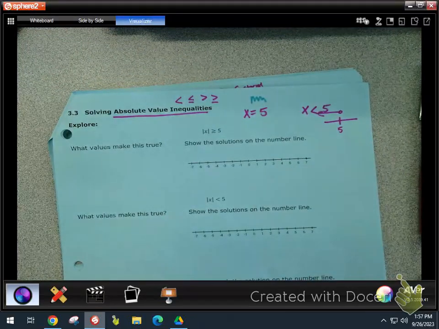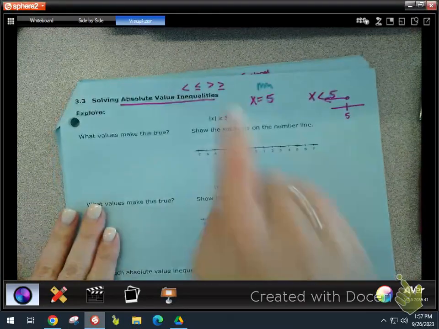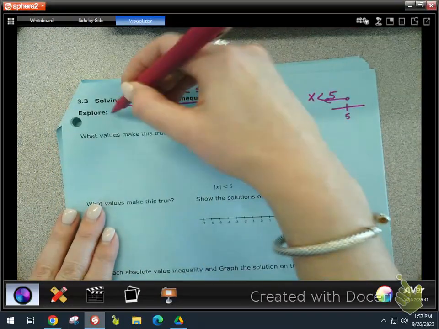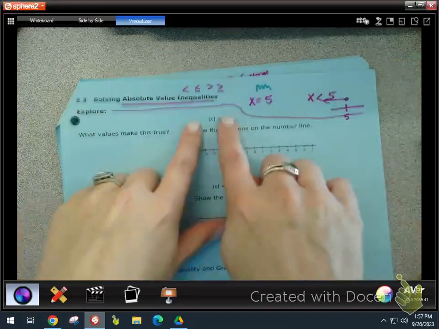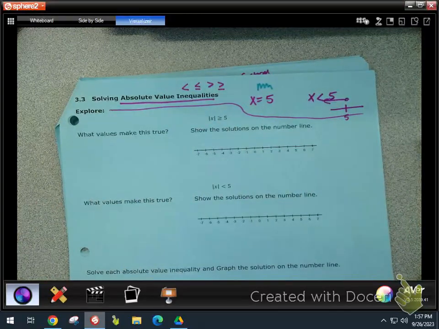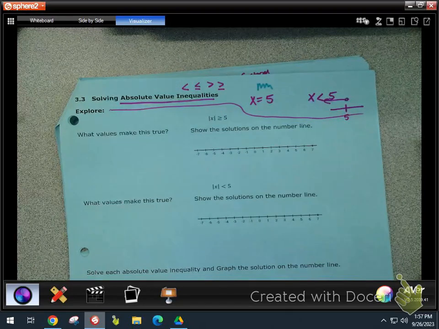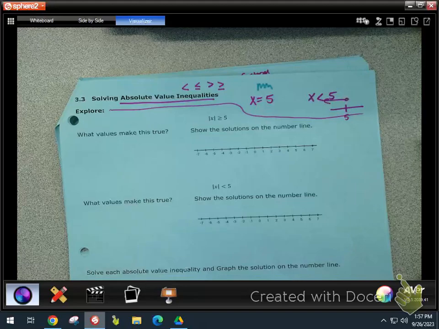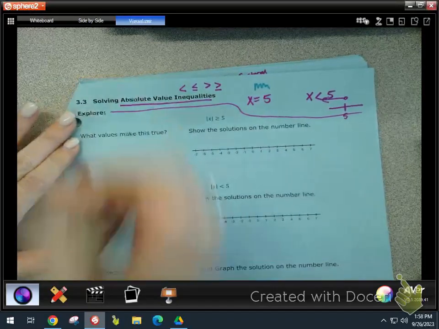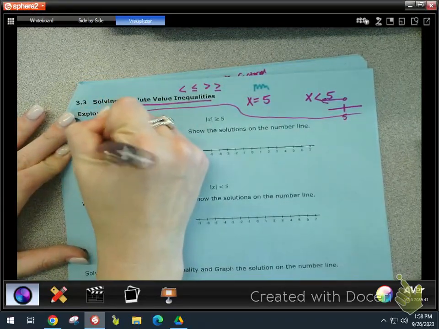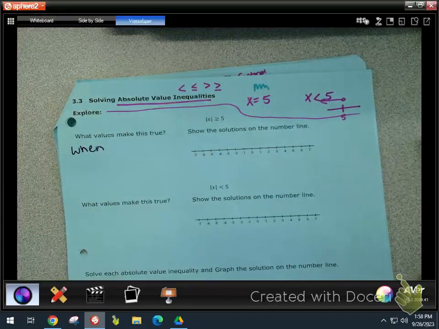Okay, so while we're warming our brains up to this, let's look at this statement here. So this is all my extra notes right here. All right, absolute value of x is what? What does that sign say? Greater than or equal to 5. So what values make this true? I like to think in words, what am I looking for? What's absolute value by definition?